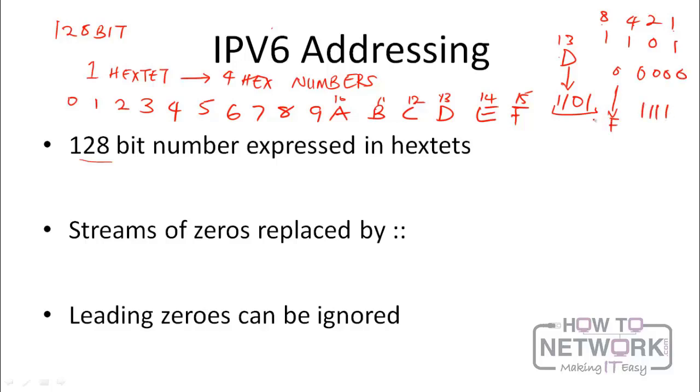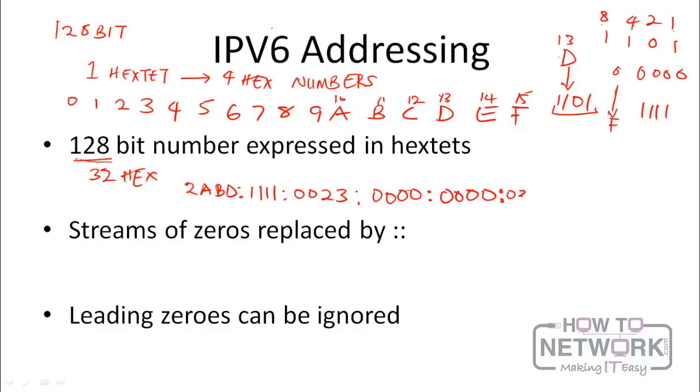So for every 4 binary digits you write, you can represent one hexadecimal digit. When you have a 128-bit binary number, you can represent it using 32 hexadecimal digits. So if you want to represent an IP version 6 address, you're going to have a number like 2ABD, and then a colon, 1111 colon 0023 colon 0000 colon 0000 colon 0300 colon.